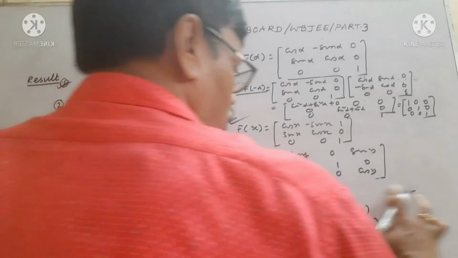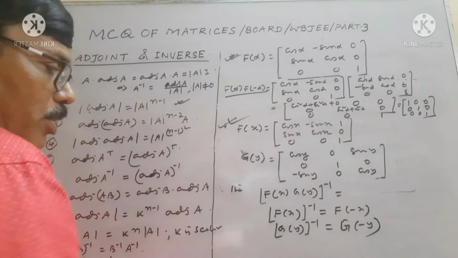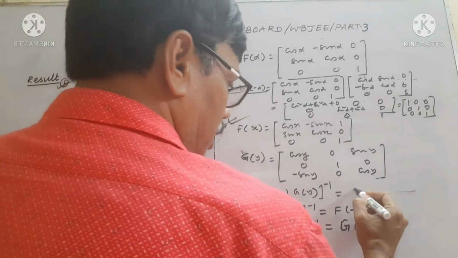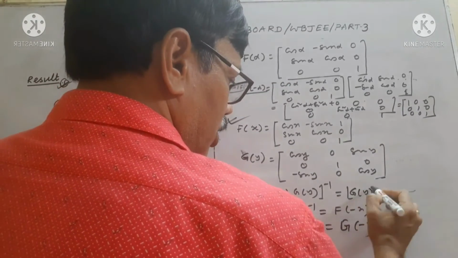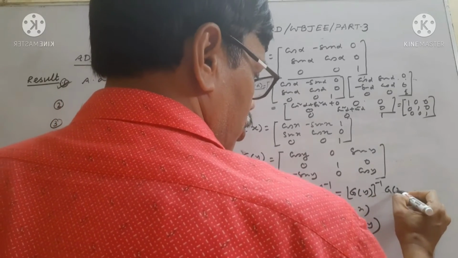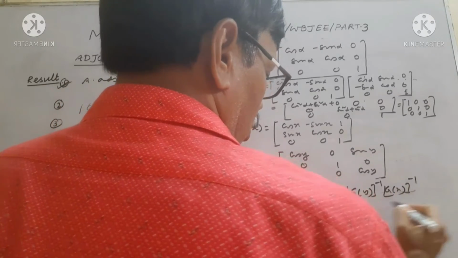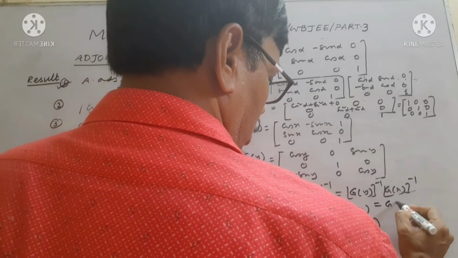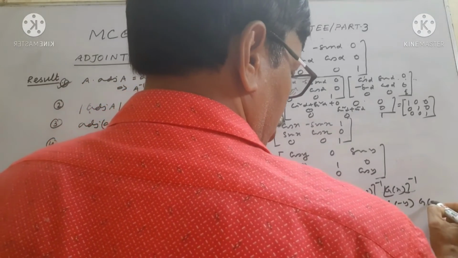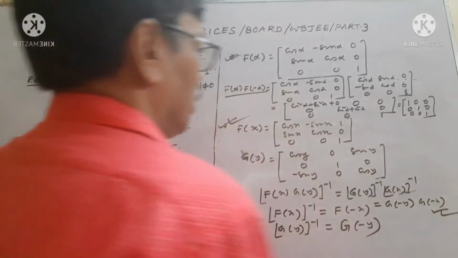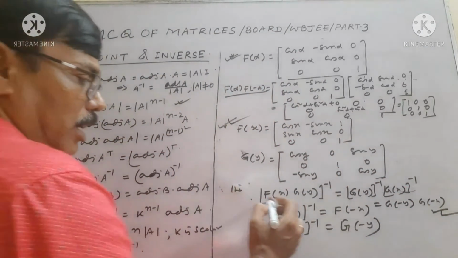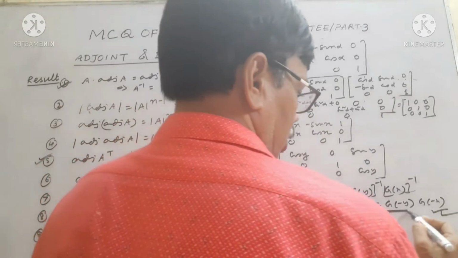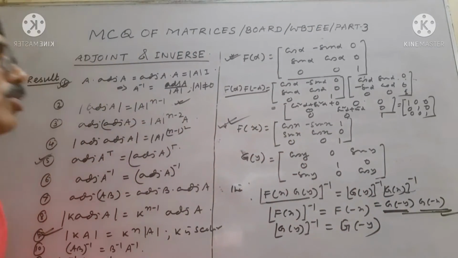Now we have to calculate the inverse of this product. The inverse of AB is B inverse into A inverse. So G of y inverse into G of x inverse. What is G of y inverse? G of y inverse is G of minus y. This is G of minus x. So the inverse of this is G of minus y into G of minus x.